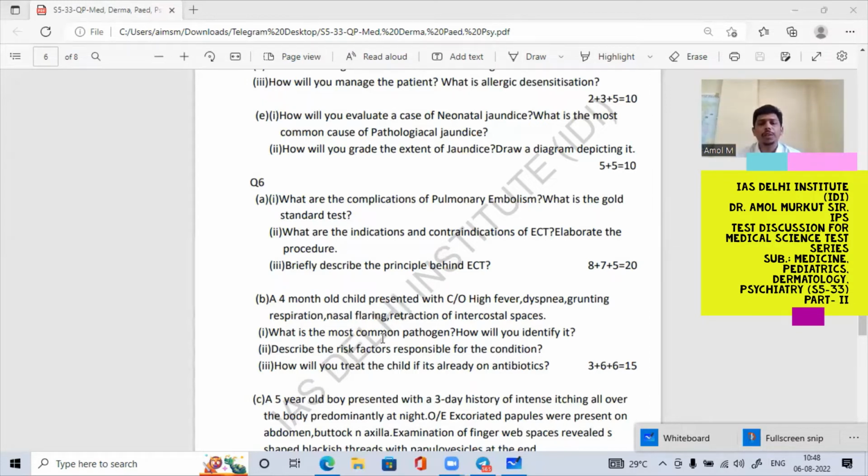And we have to see if the antibiotics are covering both gram positive and gram negative bacteria. If not, we have to add those lacking antibiotics. Then supportive treatment: maintain blood sugar levels, then electrolyte levels, prevent acidosis, give him supplementary oxygen. This is the treatment line. Okay.